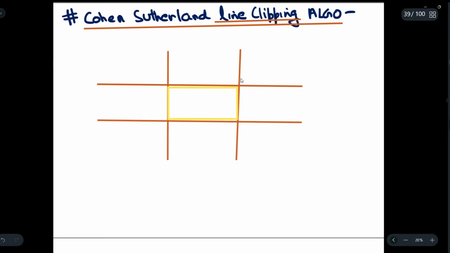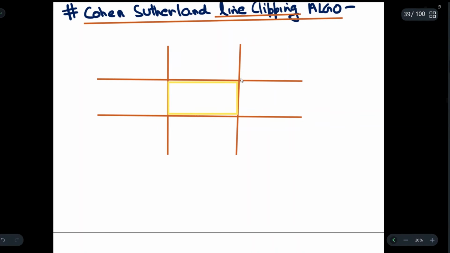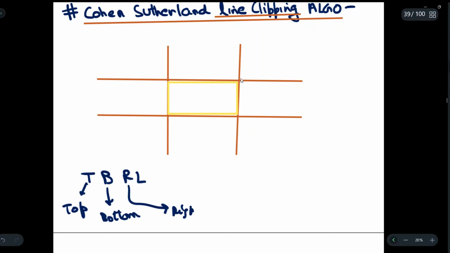Now we have a technique in the Cohen Sutherland algorithm known as T, B, R and L. This T denotes the top, B denotes the bottom, R denotes right, and L denotes left. This is the left, this is the right, this is the top, and over here is the bottom.